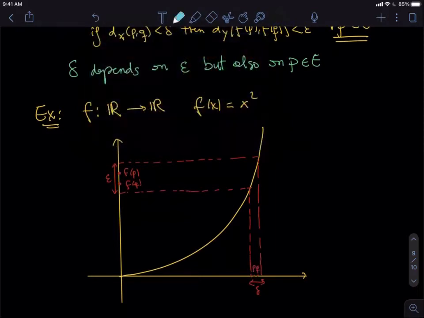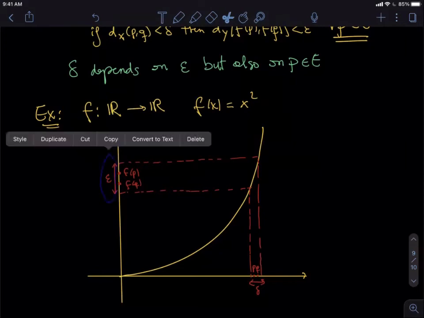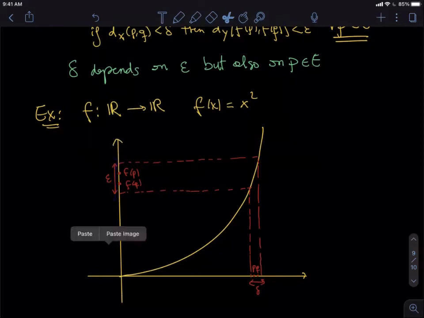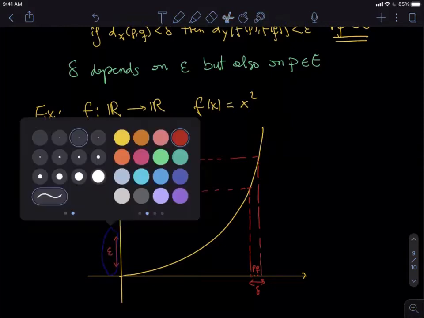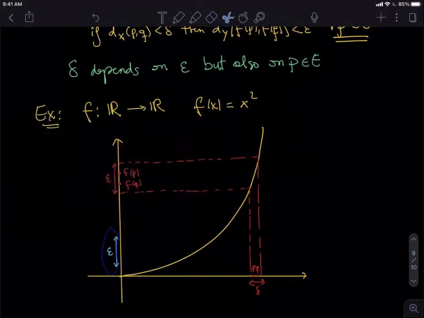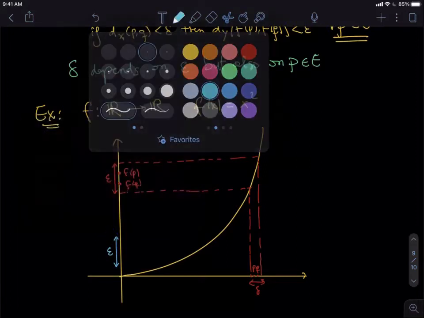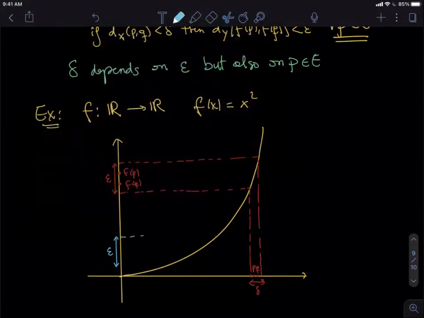But we can take exactly the same epsilon, and we could place it somewhere else. Let's say here. Let's use a different color. And just do the same and see what happens now.